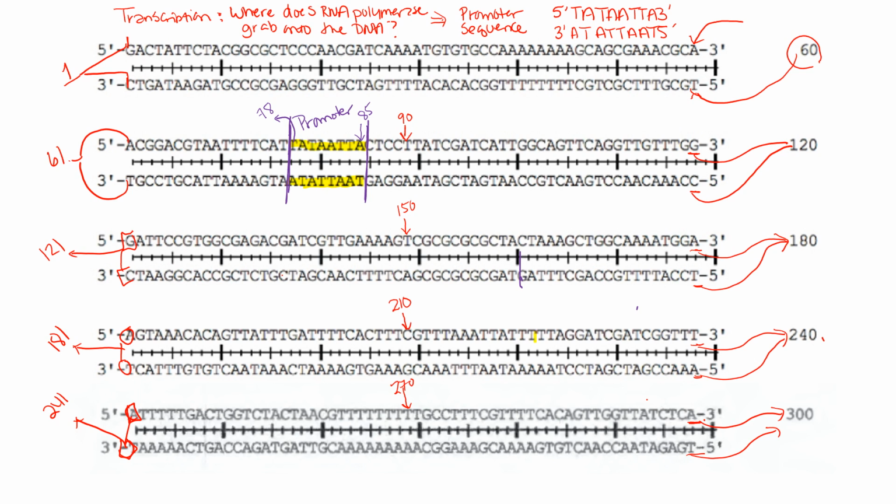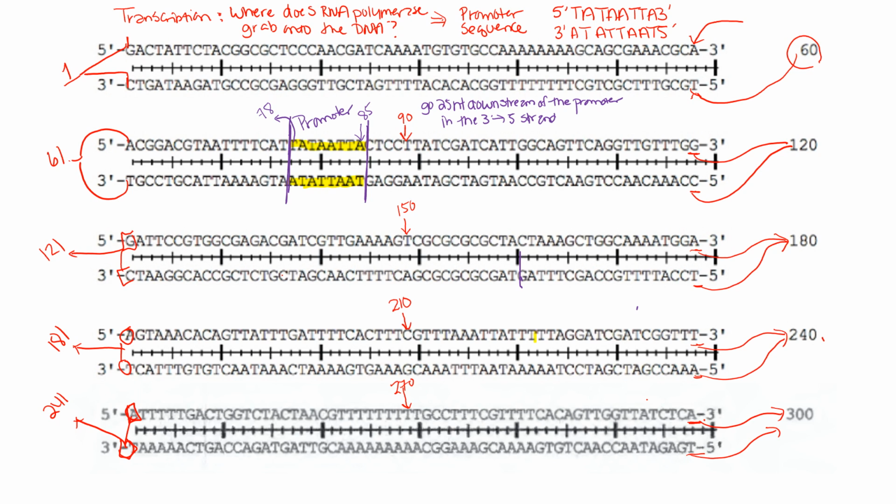If I want to know where to start transcription, I have to go 25 nucleotides downstream of the promoter in the 3' to 5' strand.